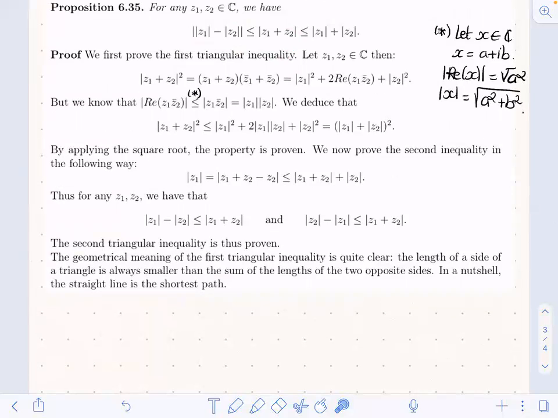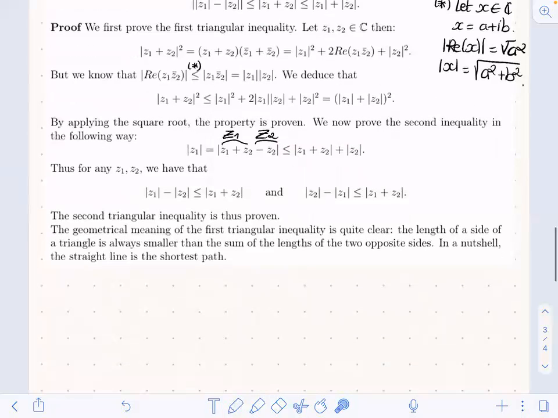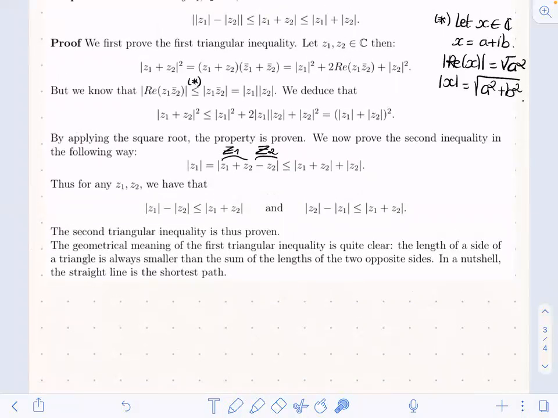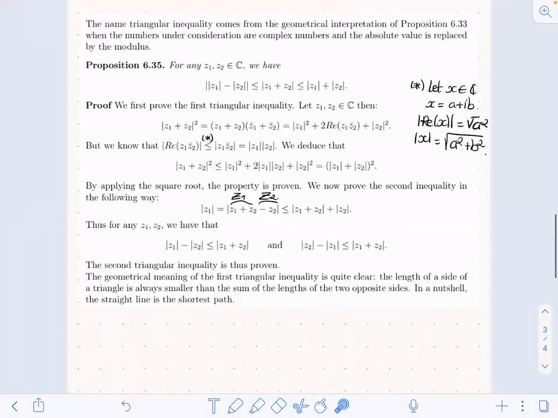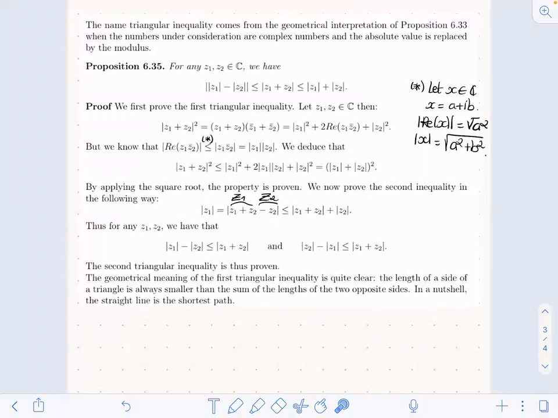Calling this a capital Z1 and this a capital Z2, you can apply the first triangular inequality to reach these 2 terms, and it proves the lower triangular inequality.